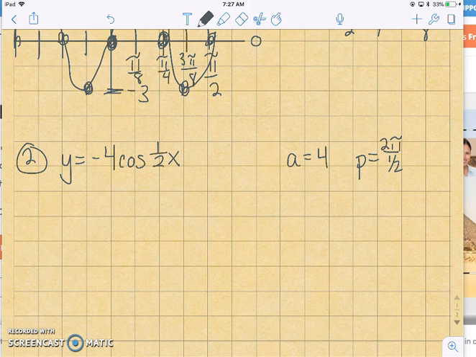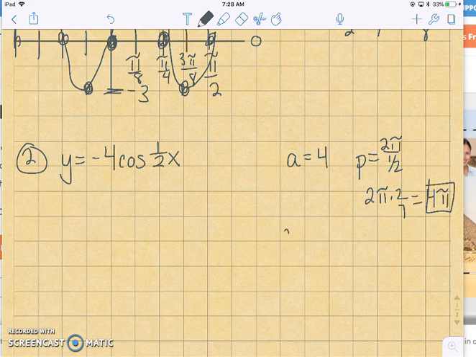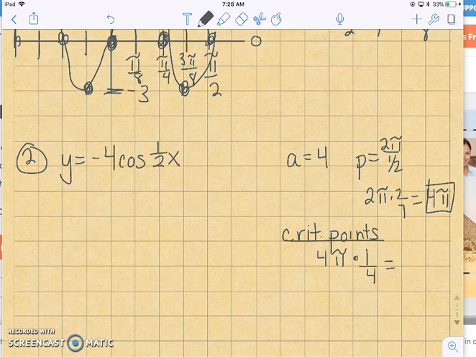Half goes into 2 four times, or we multiply by the reciprocal, 2 over 1, so it's 4 pi. Our critical points would be 4 pi times 1/4, so they occur every pi.